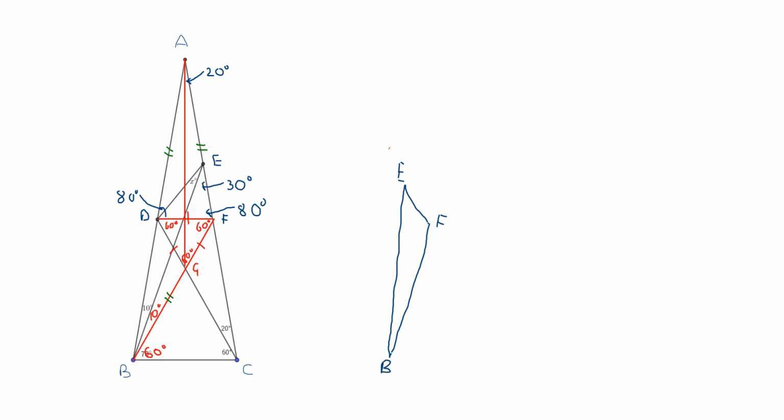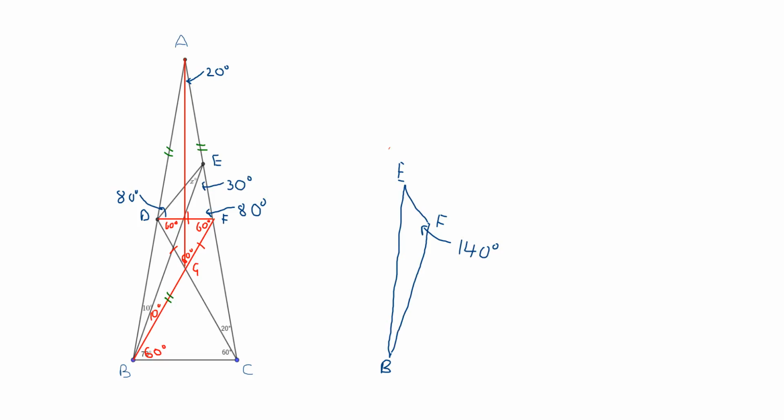So first thing to look at, let's actually look at what angle EFB is, see if we can work out how big it is. So EFB is 60 degrees for DFB, plus another 80 degrees for angle AFD. So this is a very big angle in here, and we've got this one here as 140 degrees.